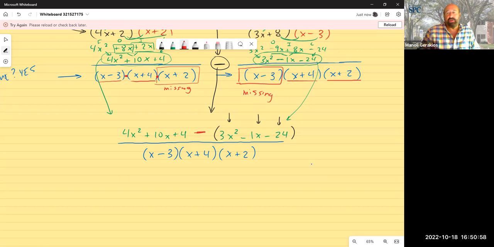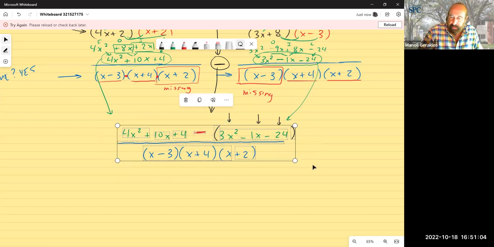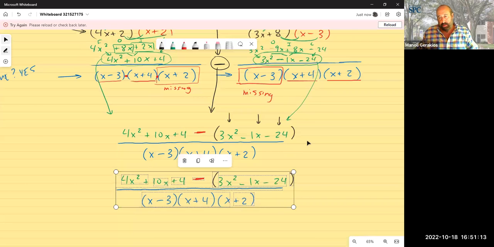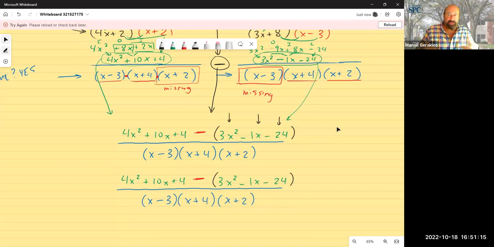Okay, look at what happens. So I'm going to go ahead and copy this for a second. For me to remove these parentheses, I would say this.